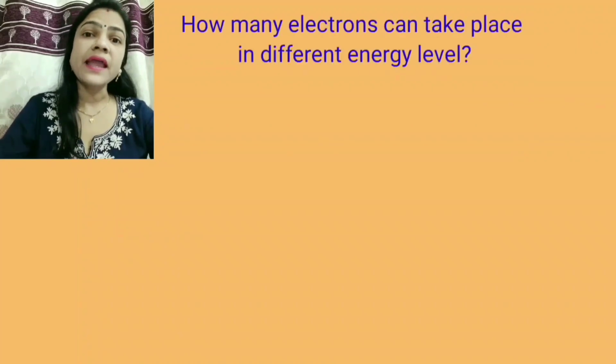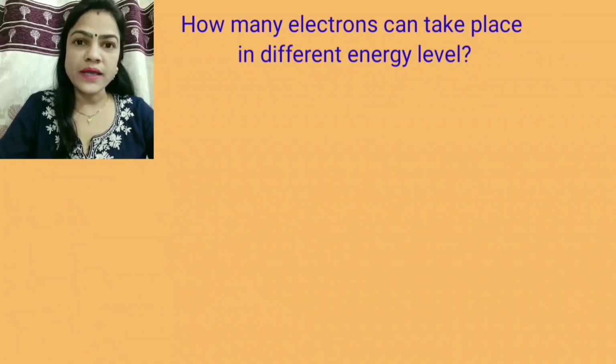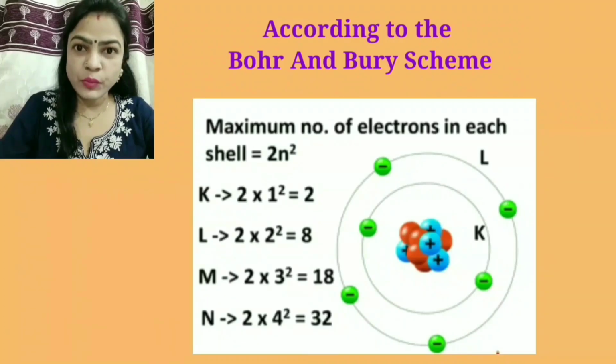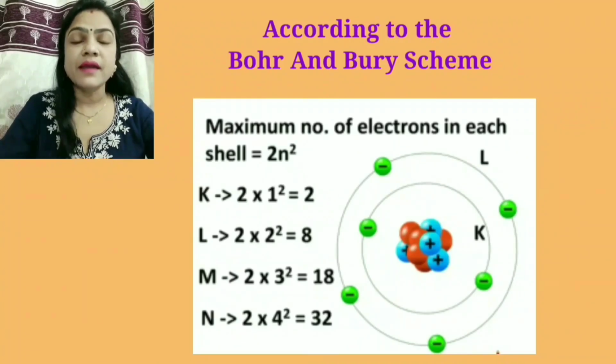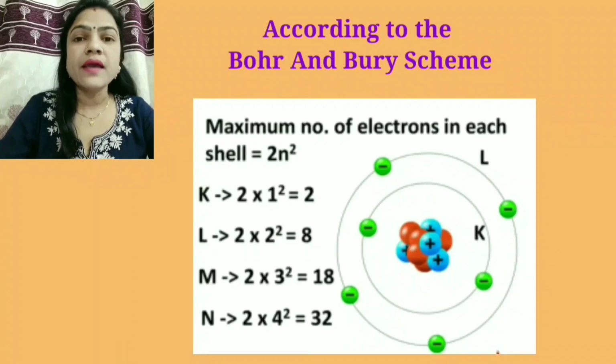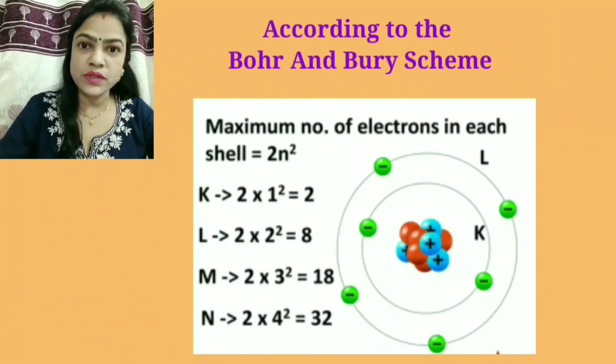Now, we will see how many electrons can take place in different energy levels. First, K shell: 2n², where n is 1, first energy level. 2 into 1 square is equal to 2 electrons.